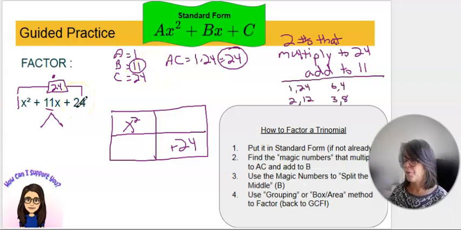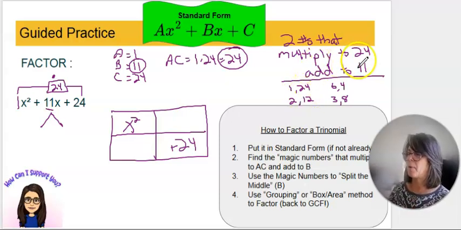So here's what I do. I think of all the numbers that could multiply to 24, and I list them out like I did right here. 1 times 24 is 24, 2 times 12 is 24, 6 times 4, and 3 times 8. Now I look at those pairs of numbers and I say to myself, is there any way that they could combine?